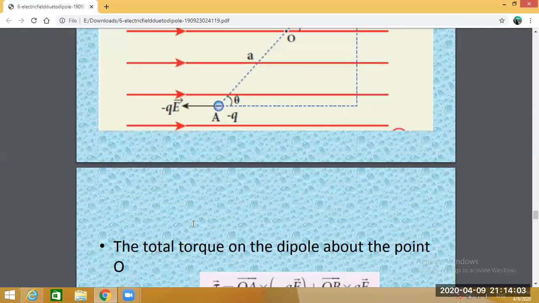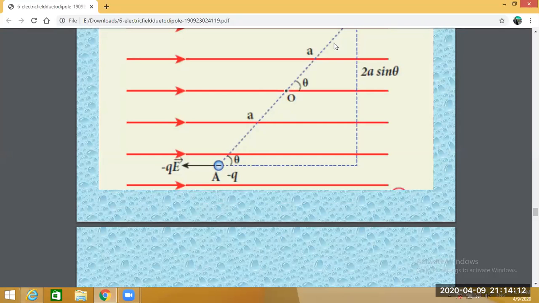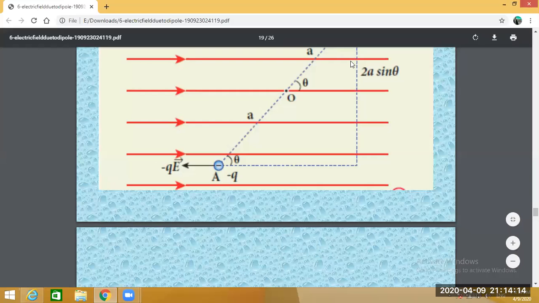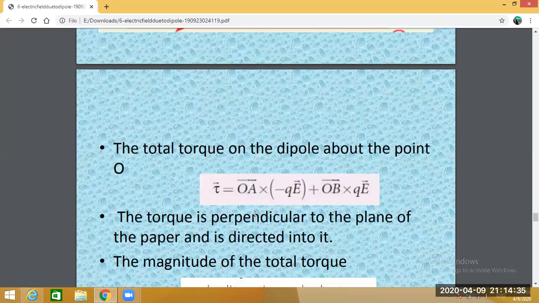So here, the total torque on the dipole about the point O. Look at this. This will produce torque clockwise, and this will also produce clockwise about this point. So the two torques produced by the two forces about the same point are directed in the same direction. Therefore, these two torques will be added together to get the net effective torque, and this is the result.